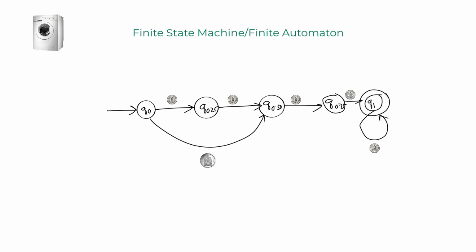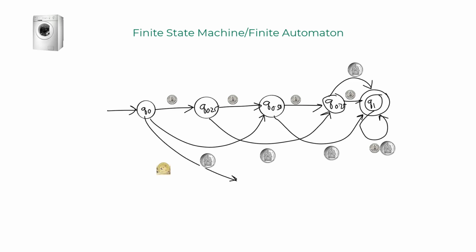Okay, so what if I insert a Canadian 50 cents at these individual stages? That's what's going to happen. When you insert 50 cents when the total was already 75 cents, the machine is going to keep the change, and from then on, the more coins you add, the more it's going to take.